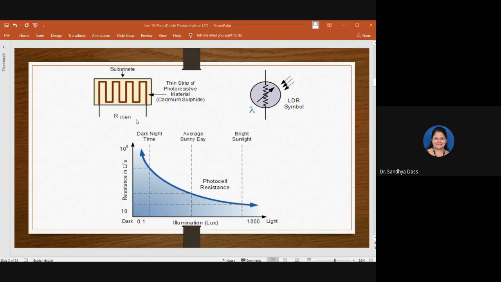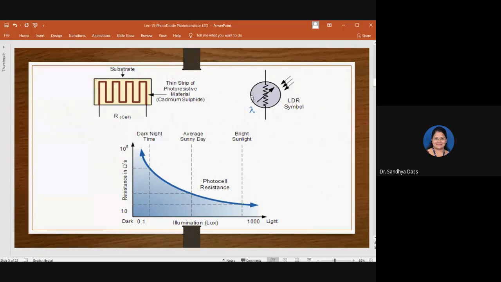So as the light energy is made to fall on this, the flow of electrons takes place. And if you observe here in the LDR, the response has a negative coefficient, which means that as the intensity of the light increases, the resistance decreases here.